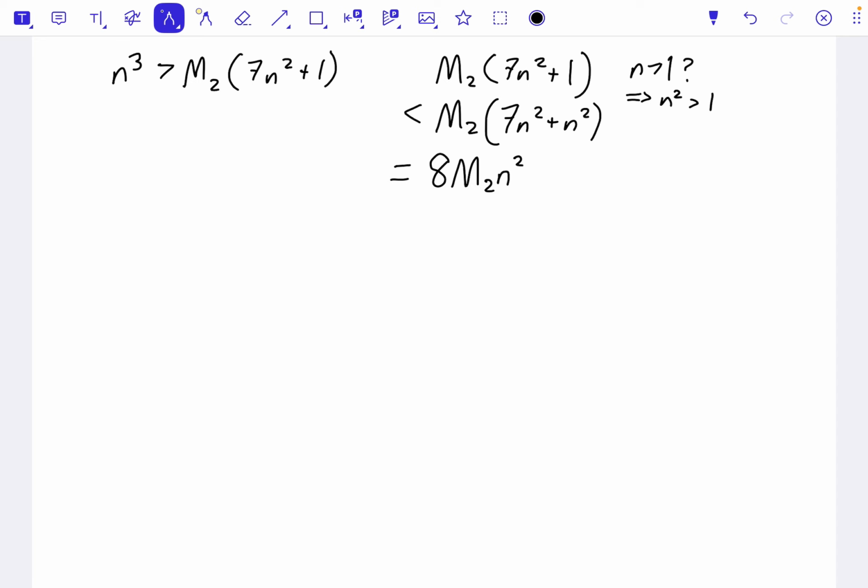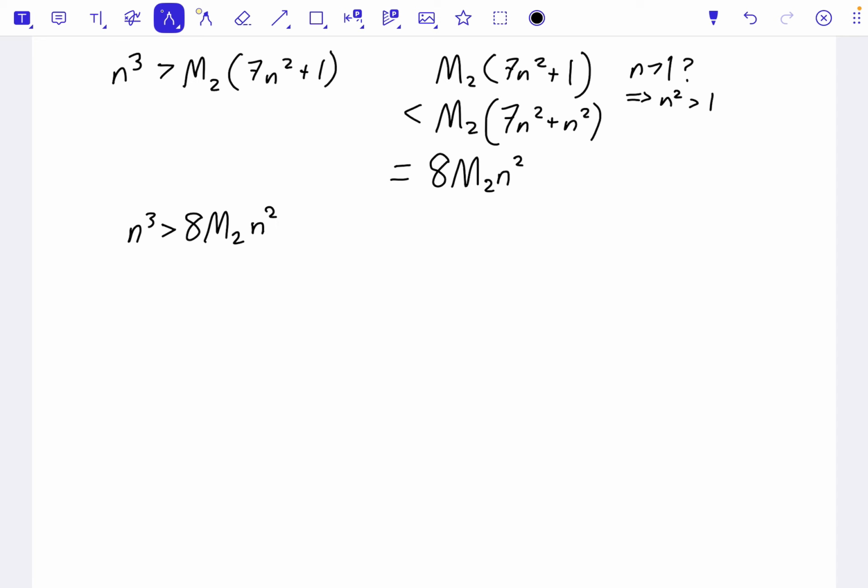So then we simplify to 8m2 n squared. We assume that the simplified inequality is true, just like we assumed the original inequality was true, for the sake of finding a value that fits it. And this one's going to be easy now.